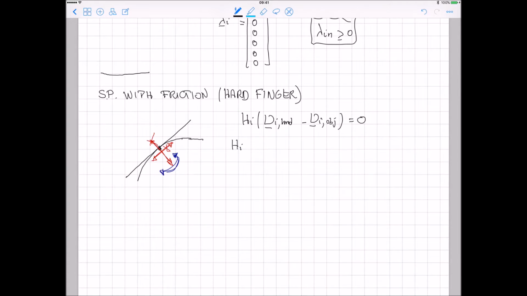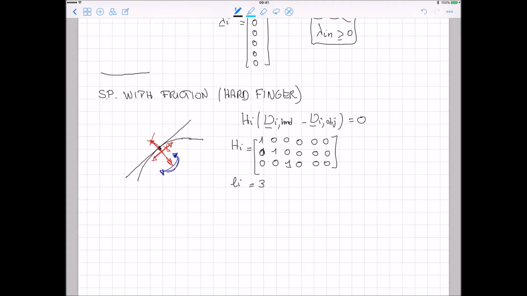So Hi will be, the first part an identity 3 by 3 matrix, the second part a 0 matrix 3 by 3. So Li will be equal to 3.